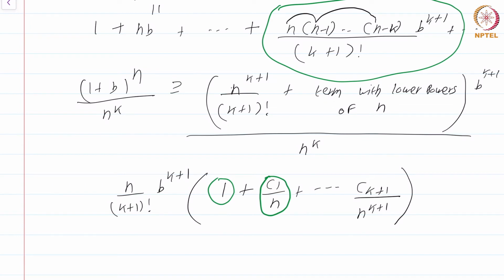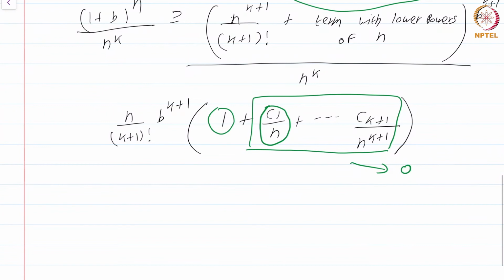Well, I did this because now, irrespective of what the coefficients c1 to ck plus 1 are, all these terms go to 0. All of this converges to 0. Okay. So, I am just left with n by k plus 1 factorial times b power k plus 1, and this clearly diverges to plus infinity.